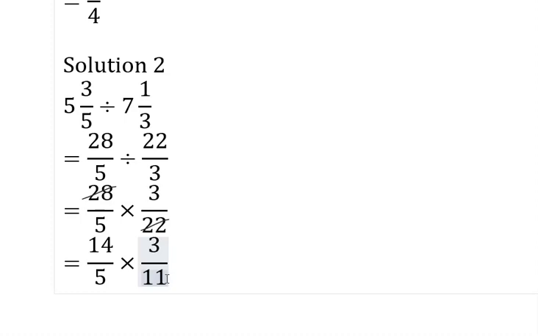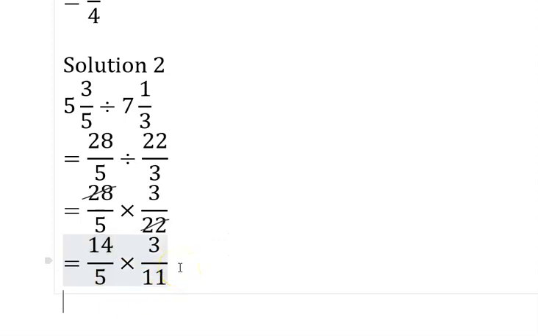Awesome. Can any number cut again? No. You cannot use 2. 3 cannot go. So since there is no number that can cut again, all we need to do is multiply 14 times 3 and multiply 5 times 11.